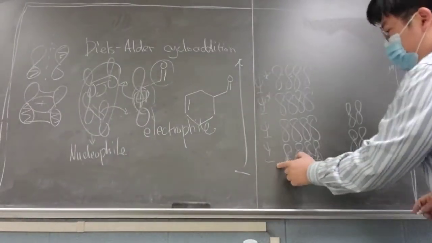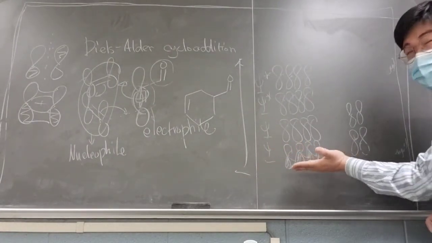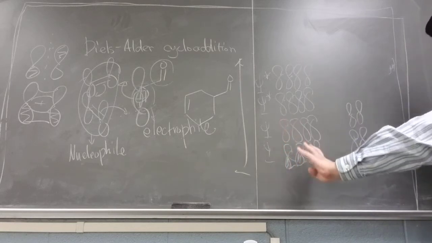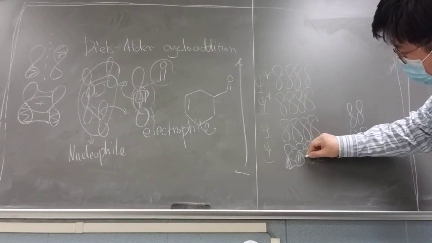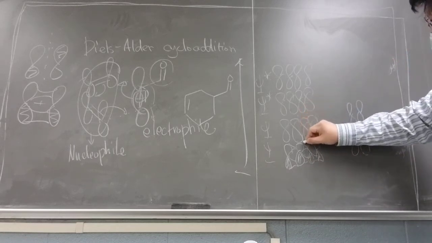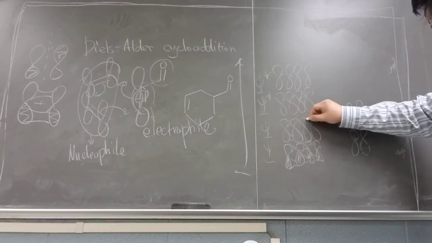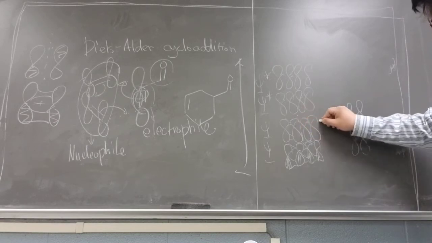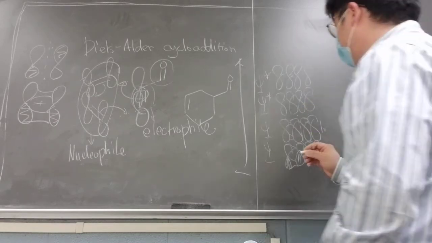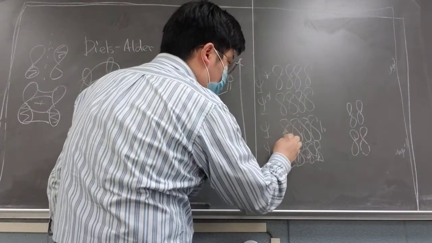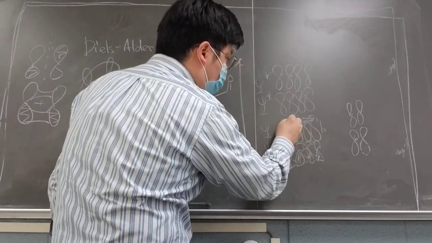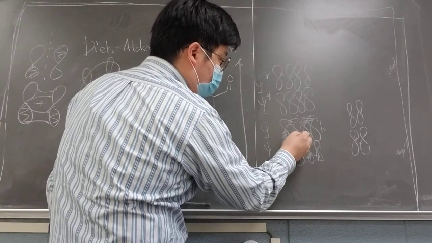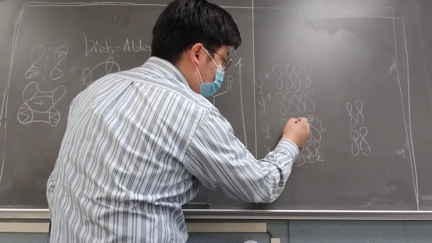So there will be no chance to make a bond here. The best scenario, meaning the lowest possible energy you can get from the 4 p orbitals, is this one, because they can all be linked. The second best is that they have 2 bonds on the side, but just one node. So I can show you here. They can be linked in here, but here it is different: dark, white, dark.